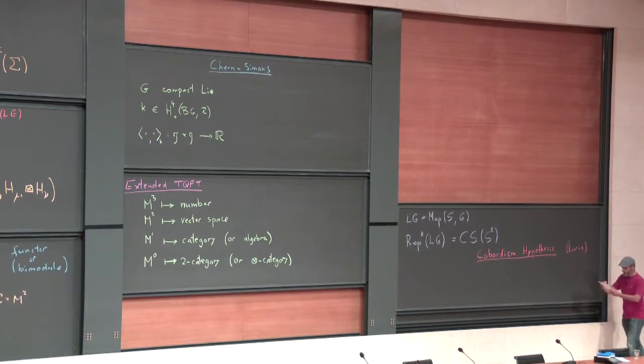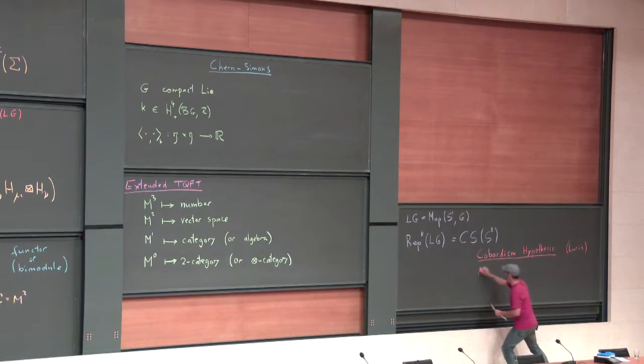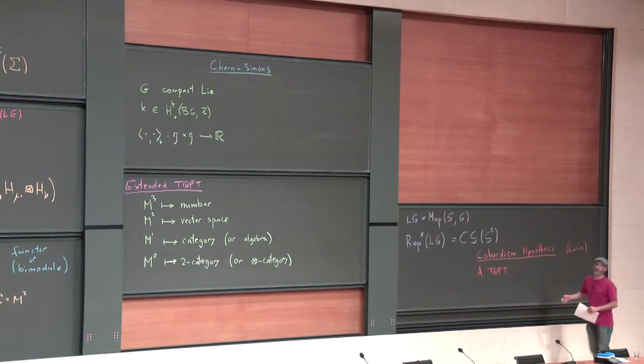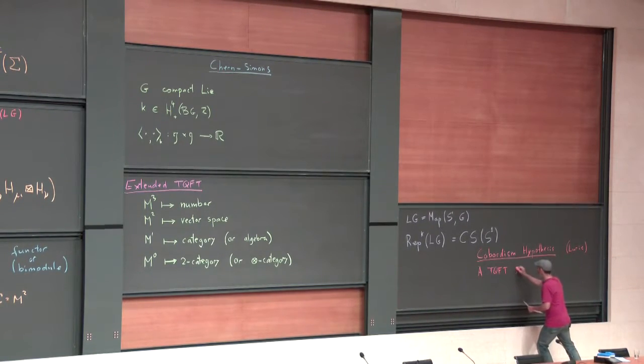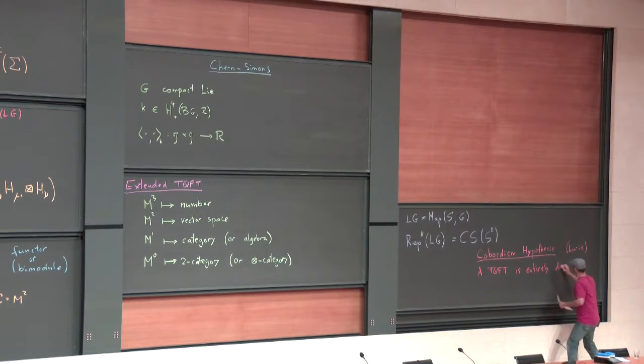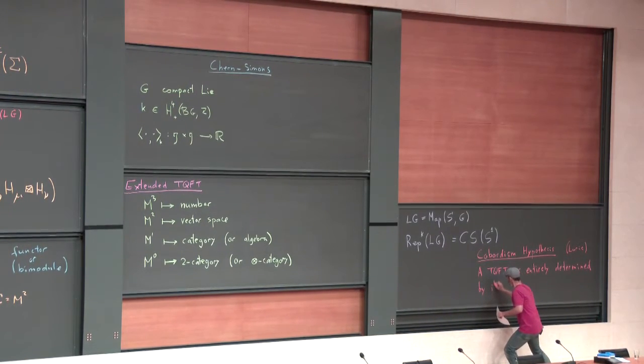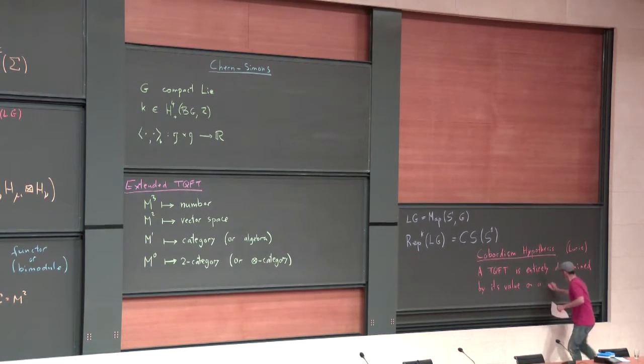This theorem says that a TQFT, provided it fits into this extended formalism, is entirely determined by its value on a point.